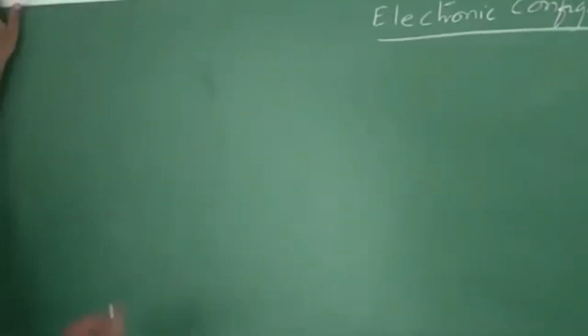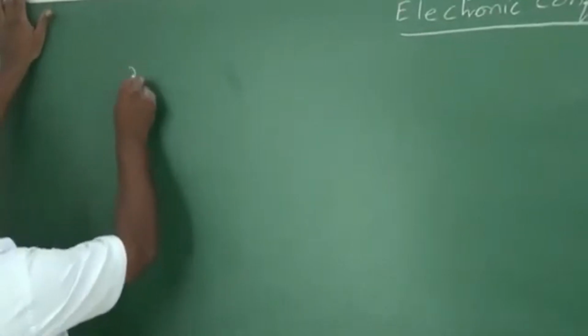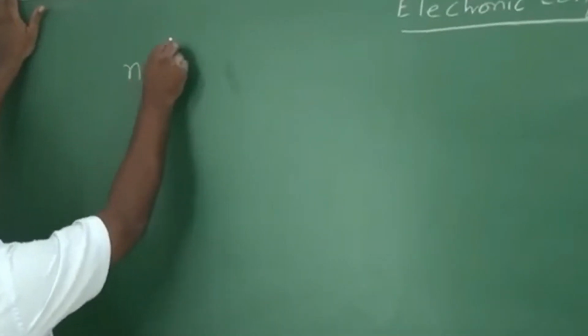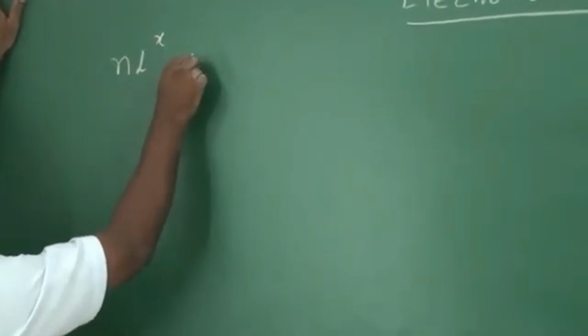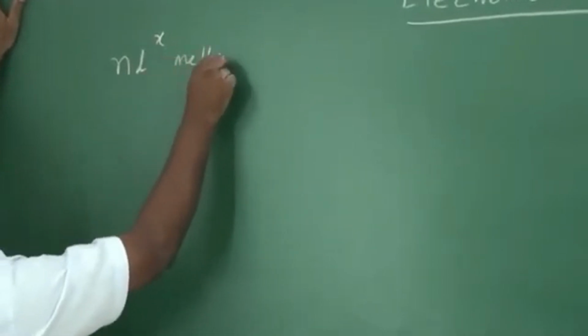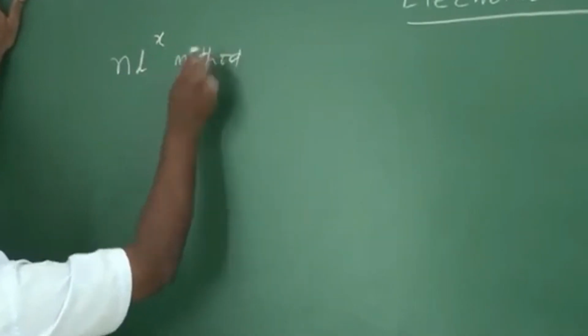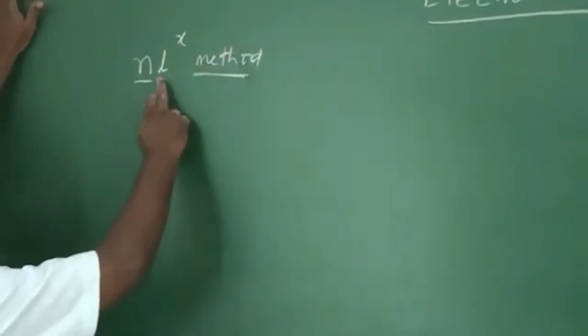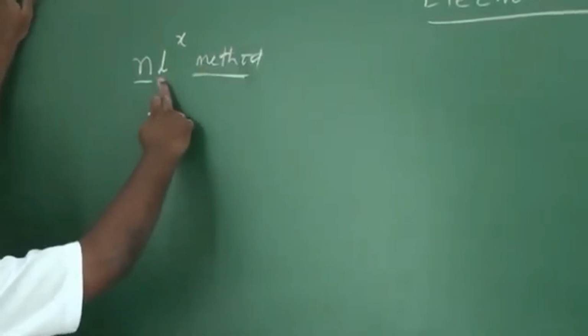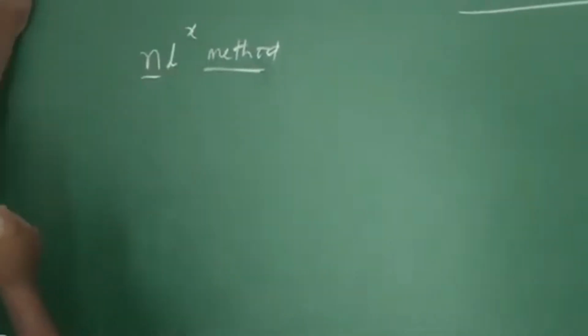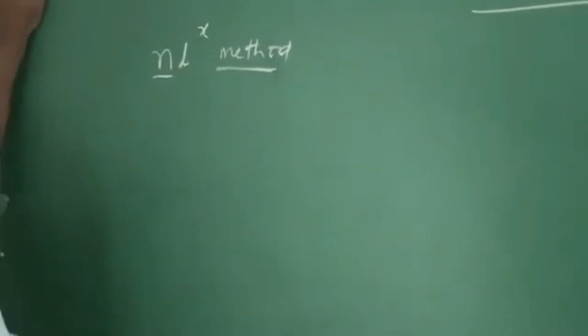Electronic configuration may be represented in 2 ways. One is the nlx method. In the nlx method, n stands for the principal quantum value, l stands for the angular momentum quantum value, and x stands for the number of electrons present in that subshell.